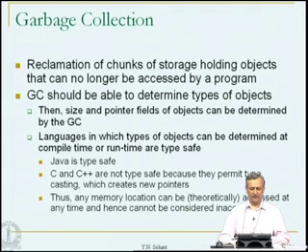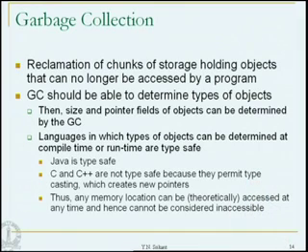C and C++ are not type safe. Why? Because they permit type casting. So, you can convert any type to any other type in C and C++, which creates new pointers. Thus, any memory location can theoretically be accessed at any time, and hence it cannot be considered as inaccessible.